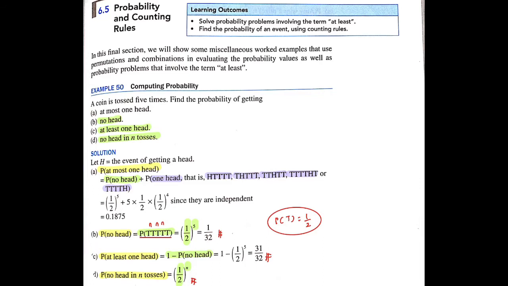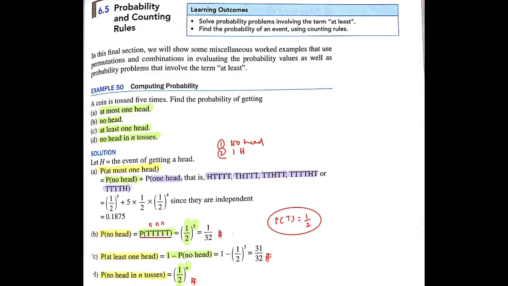And let's look at the last one here. Find the probability of getting at most one head. Okay, at most one head is 2 cases. Here you need to consider the first case is no head at all, and the second case is one head.